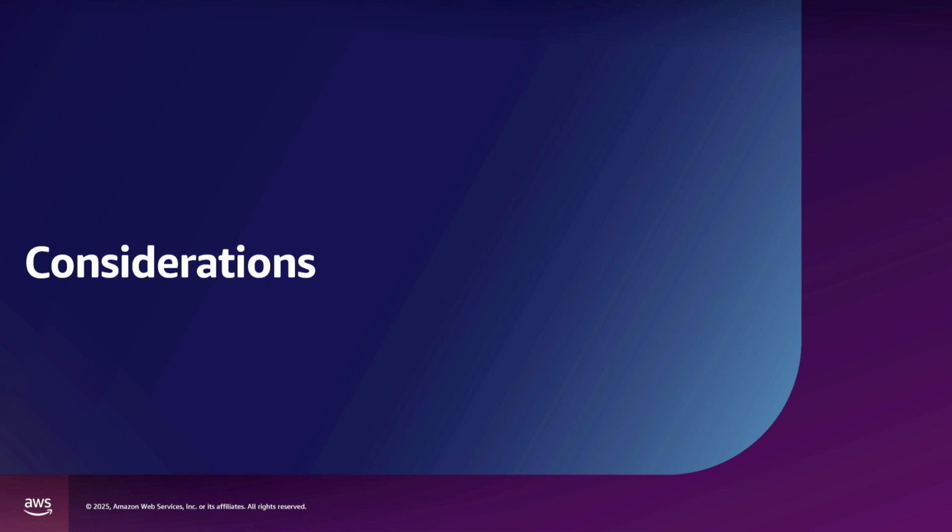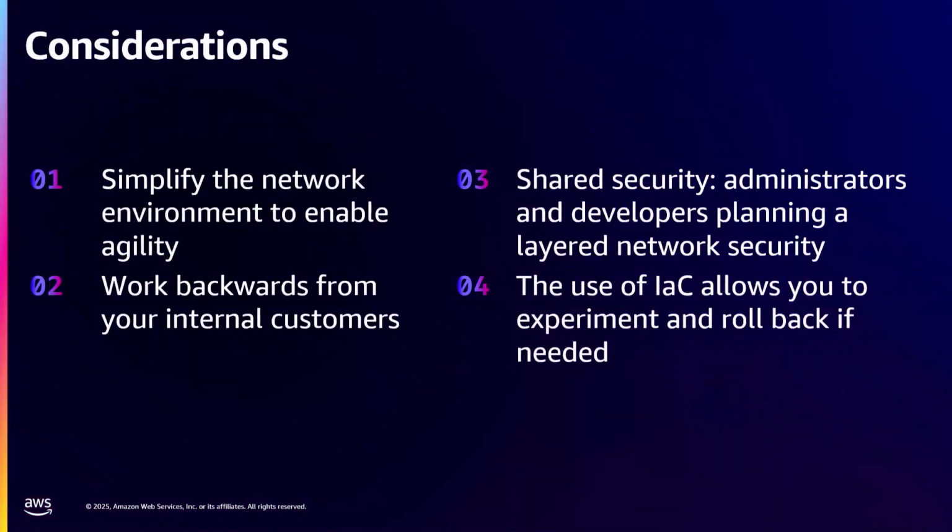Perfect. So for the remaining questions, you can come back after we close because we have only 3 minutes. We wanted to do a summary of everything, and then we can have a chat. So in terms of considerations, the first one is to simplify the network environment to enable agility.